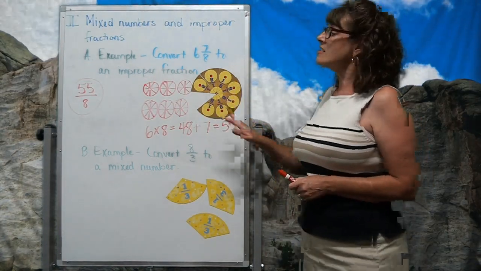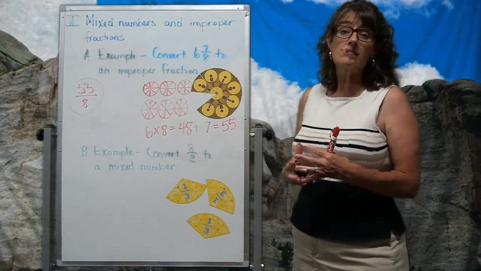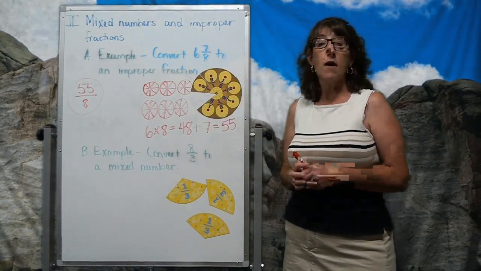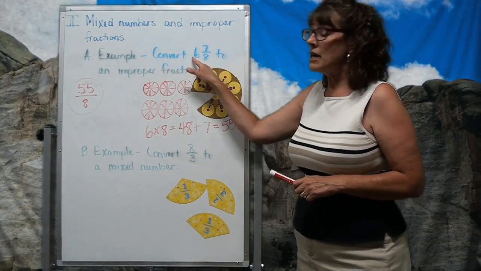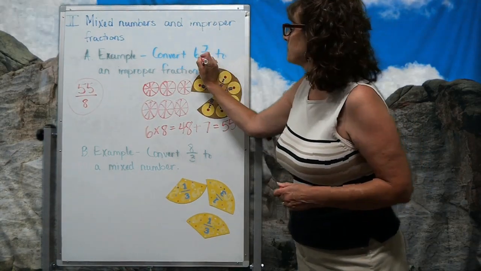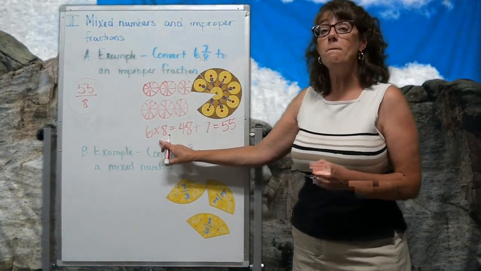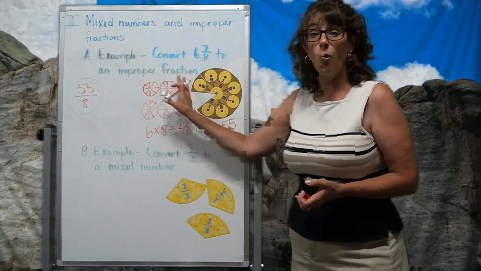But what this does is lead us into the rules, or the process, of converting this mixed number into this improper fraction. The process is this. You're going to multiply the denominator by the whole number, because that's exactly what we did right here to figure out how many eighths, or how many of that denominator, we've got in the whole pie section.